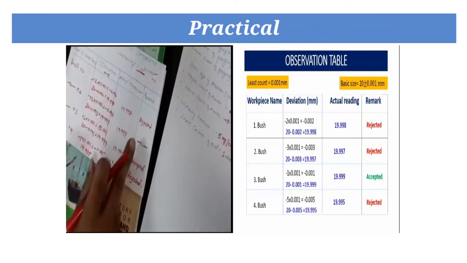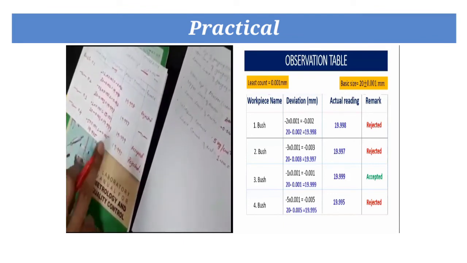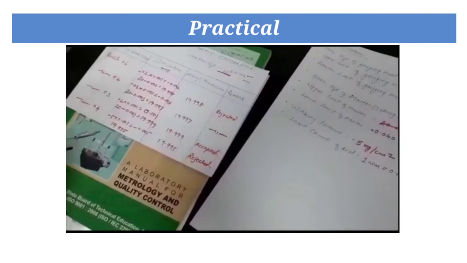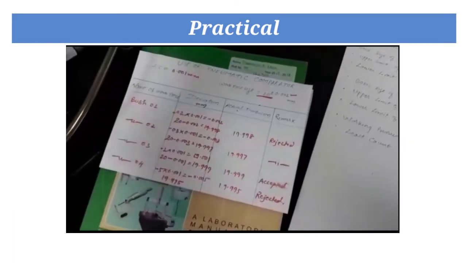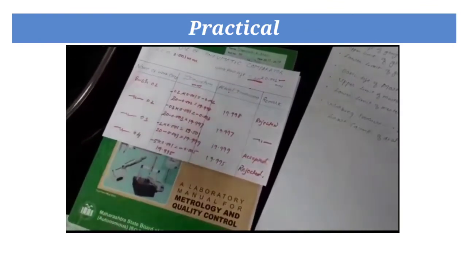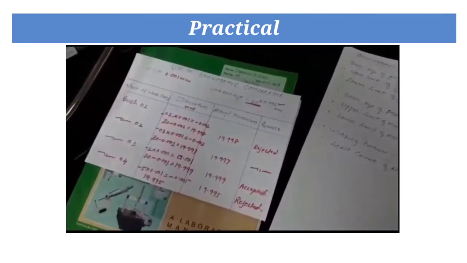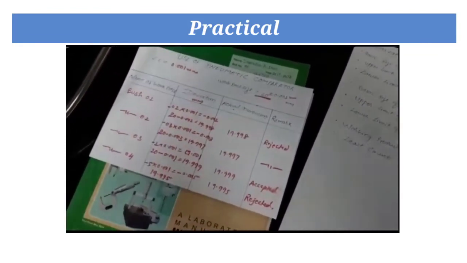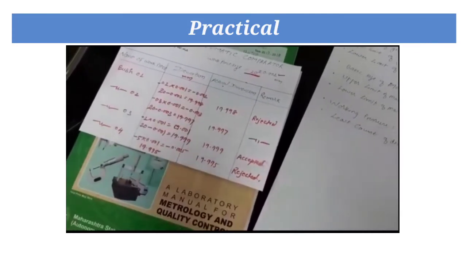So only one component gets accepted and the remaining 3 will be rejected. So in this way we can measure the internal diameter of a component by using a pneumatic comparator. This is a very accurate method to measure the internal diameter or even the external diameters of the components. So thank you friends.